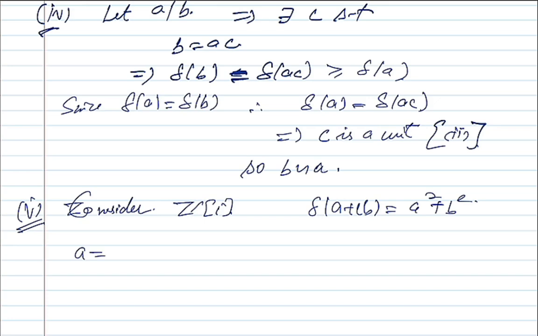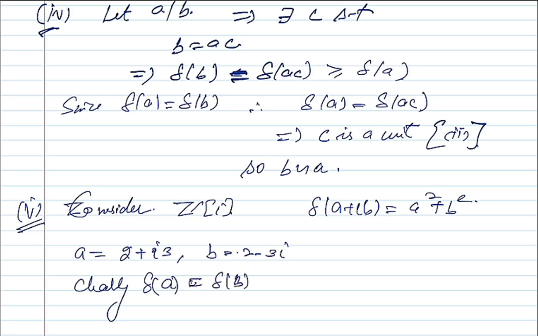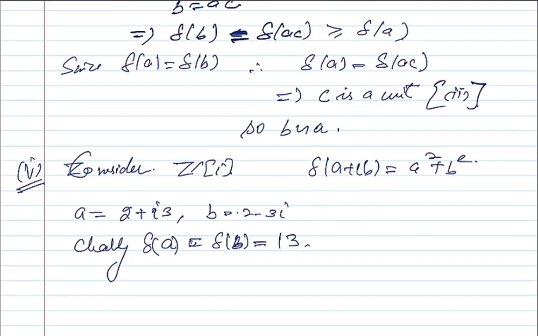So let A be 2 plus 3 iota and B be 2 minus 3 iota. Then clearly del of A is equal to del of B, which is 13.